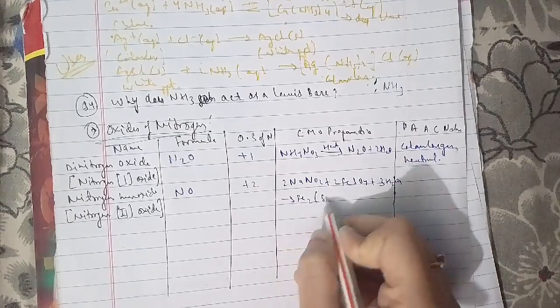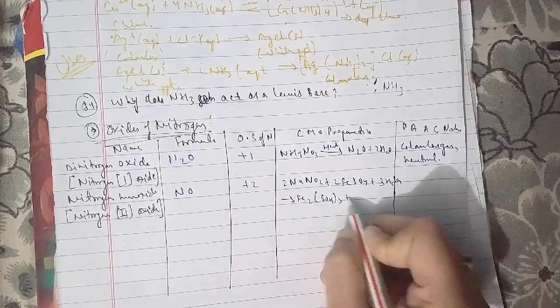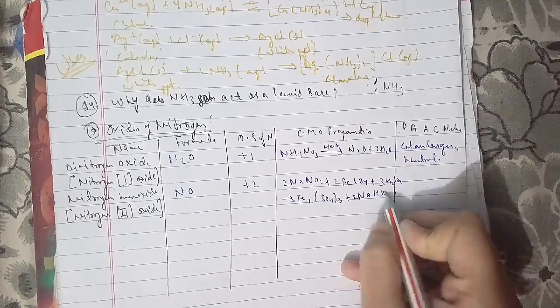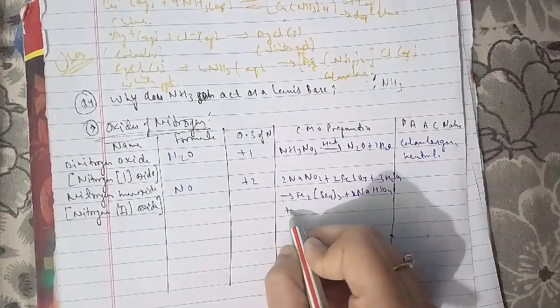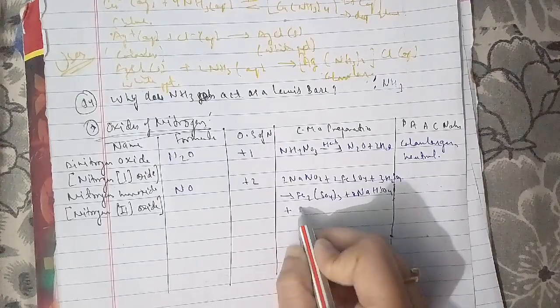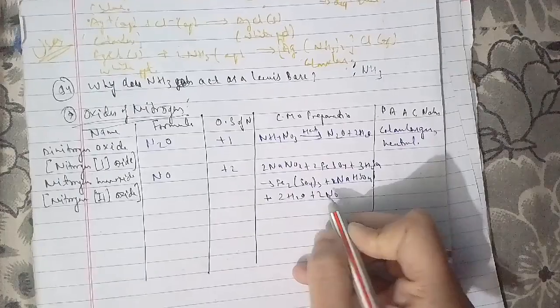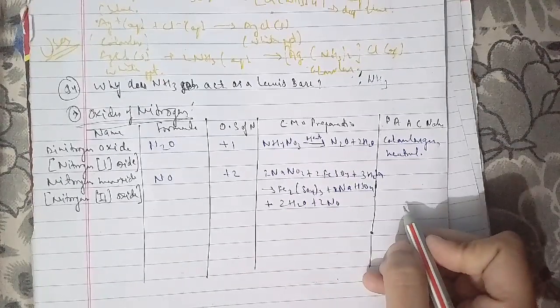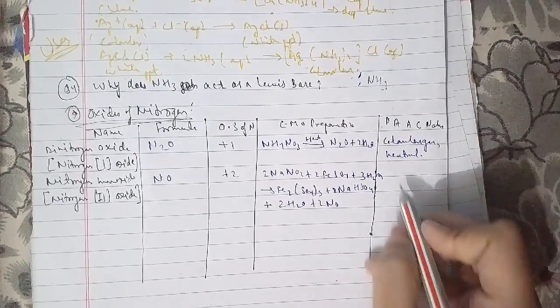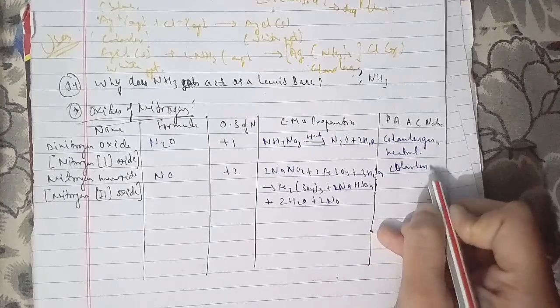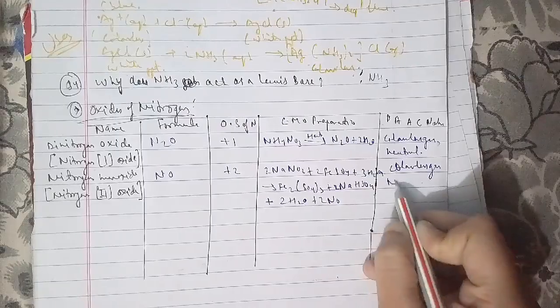The formula is NO2, with oxidation state +4. Preparation is 2Pb(NO3)2, which at 673 Kelvin gives 4NO2 plus 2PbO plus O2. It is a brown gas and acidic.